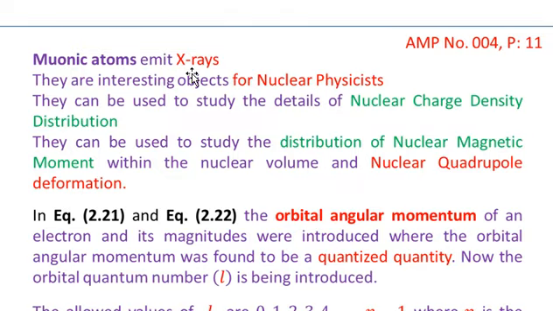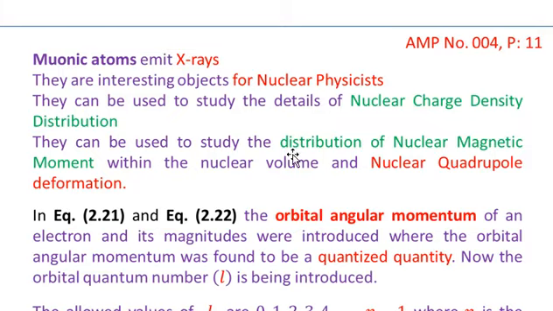That is, the muonic atoms emit X-rays because these have very closed shells, very close to the nucleus. So when transitions are made in the inner shells, then of course X-rays are emitted. They are interesting objects for nuclear physicists. They can be used to study the details of nuclear charge density distribution.